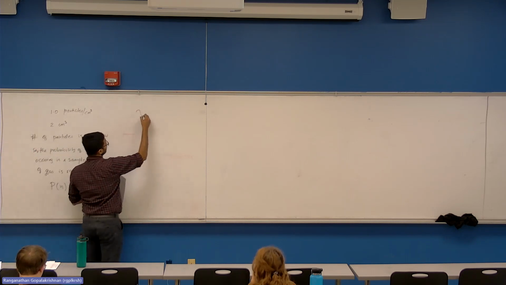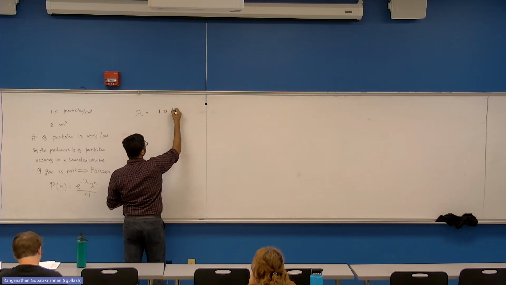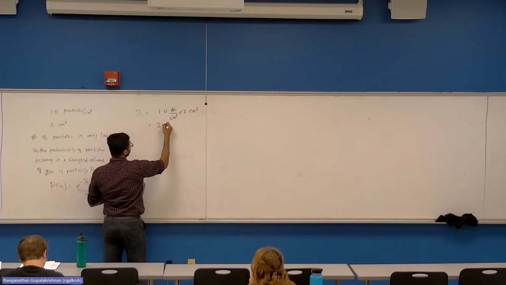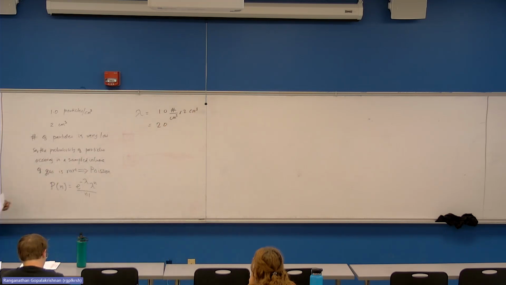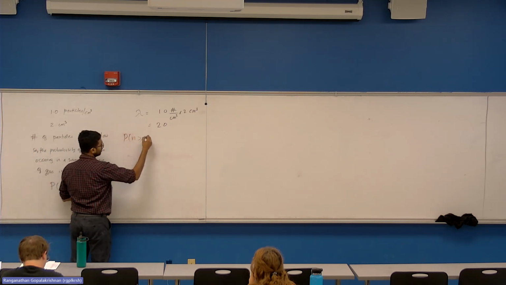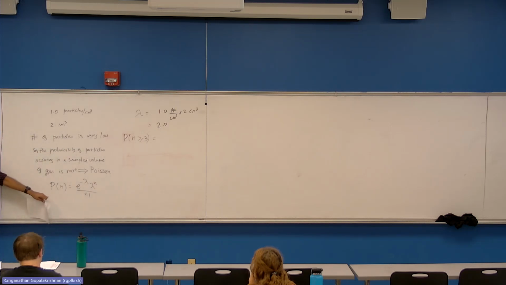Since we are told that the concentration is 1 per centimeter cube, and we are sampling 2 centimeter cube of air, lambda is 2.0. So we have to compute the probability of n greater than or equal to 3 with this distribution.